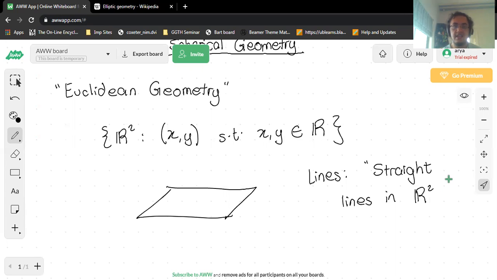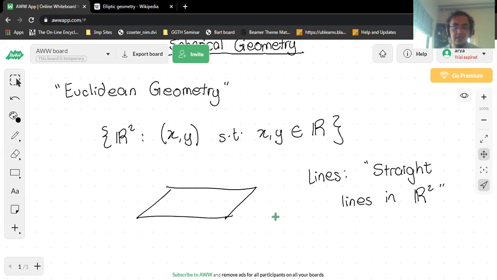We know what this means, and then we have a notion of what distance between 2 points is, what the angle between 3 points is, and so on. So when we say that we want to define a geometry, we want to first primarily say what the points are in this space you're working with, and what we mean by lines in that space.